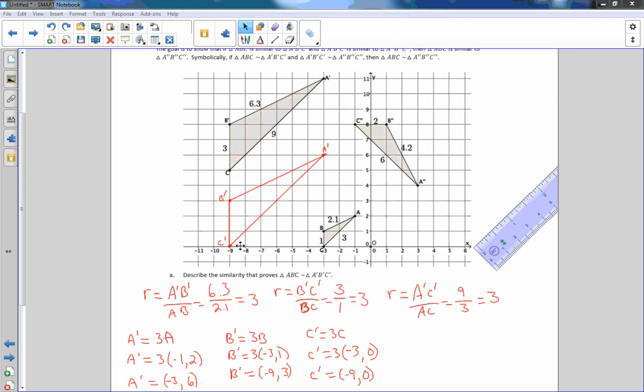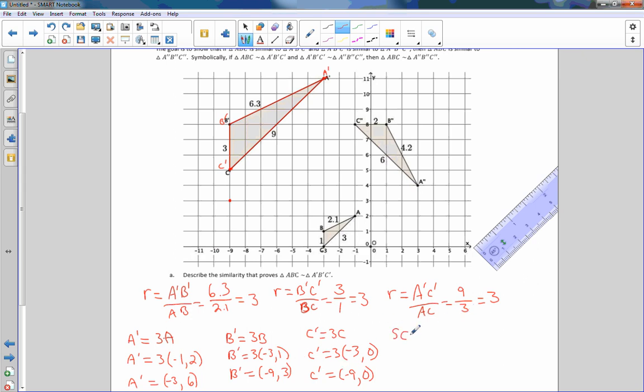Okay, so where do I need to move these? Well, A is at -3, 6, this A prime, and it needs to get to -3, 11, so that is moving up 1, 2, 3, 4, 5. And we just proved they were similar by scaling it up and translating it. So then I would say my next step would have been to, we confirmed the scale factor, we found the points, so we scaled it up 3.